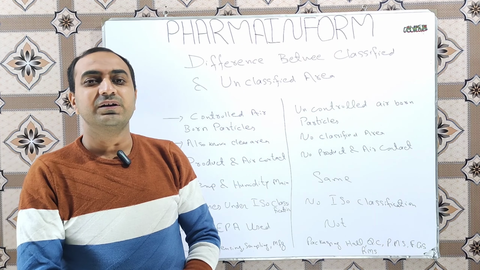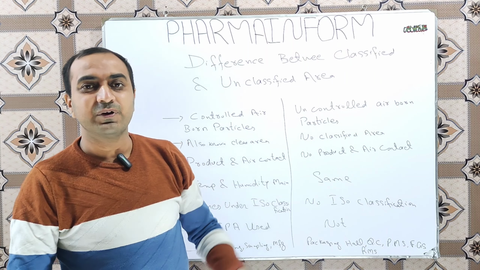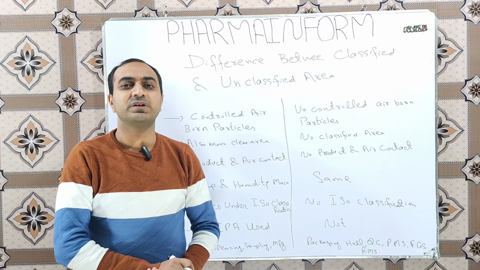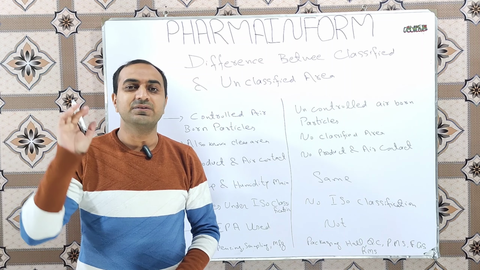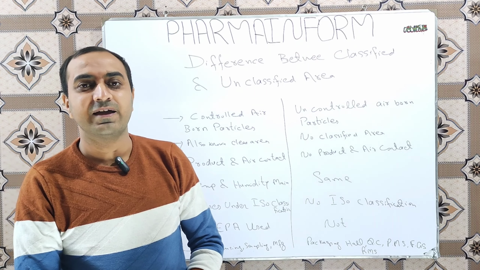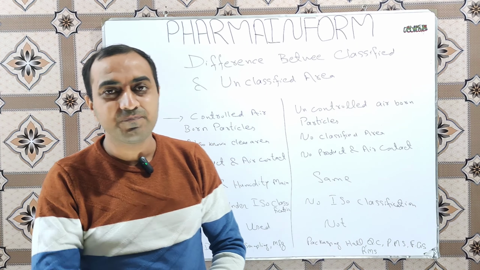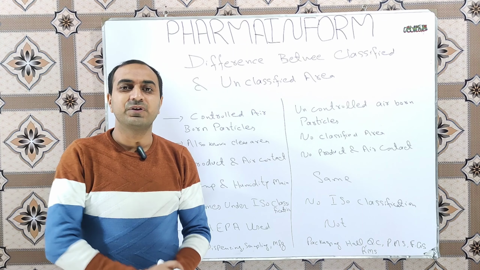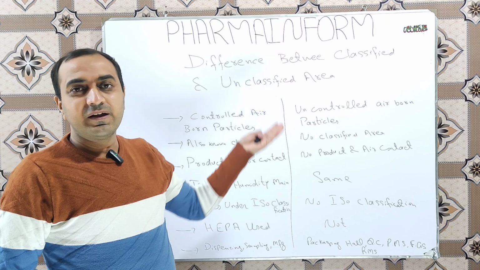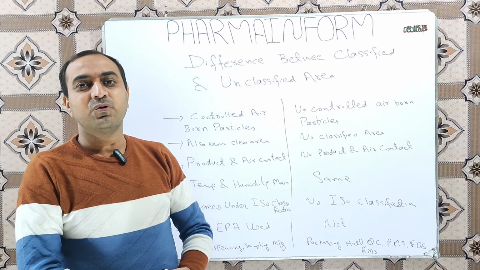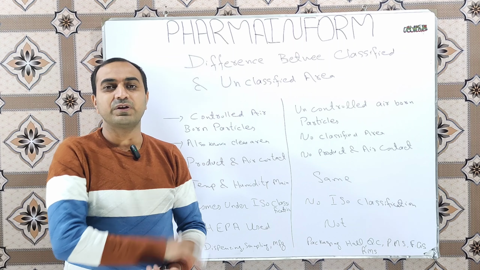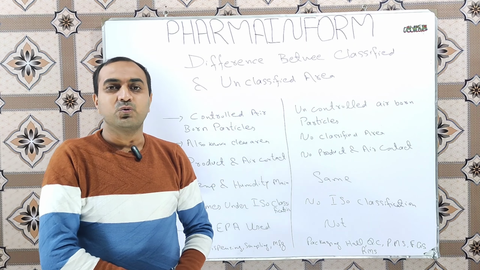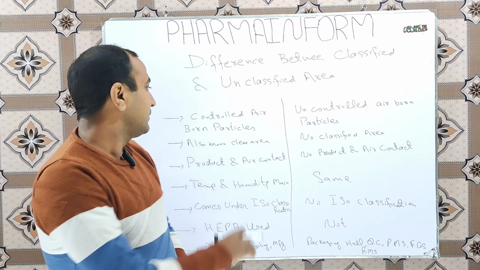A non-classified area in pharmaceutical industries is the area where we have no control over the airborne particles, and in this area our product has no direct contact with the air. So I hope you are familiar with the basic difference between classified and unclassified. So let's discuss more differences in detail to clear our concept.